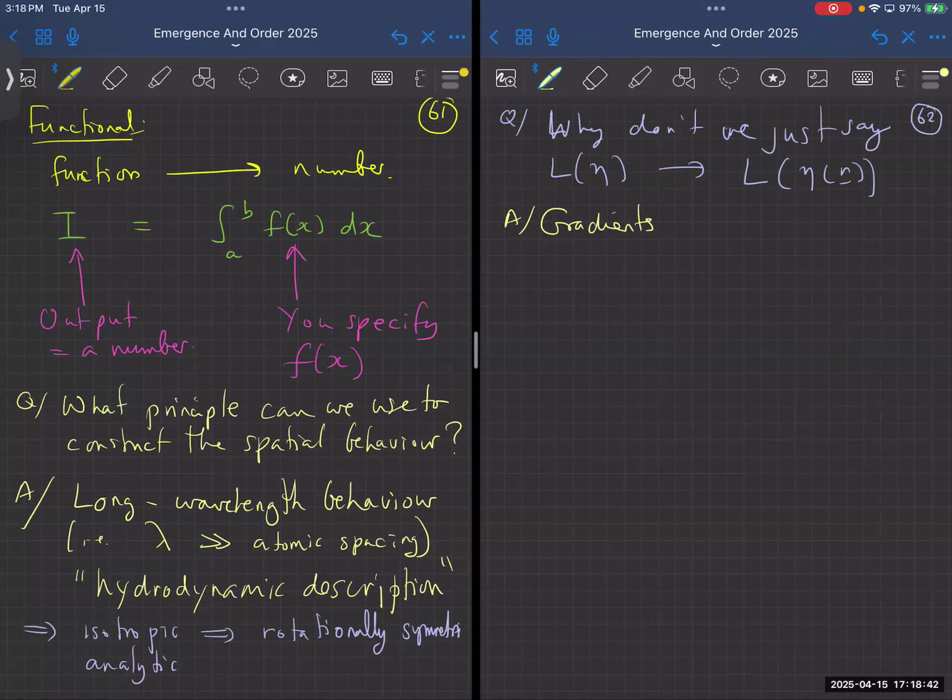Remember that in equilibrium, the system wants to be spatially uniform. So in order for it to be spatially uniform, you need to have a term that says if the system is not spatially uniform, that raises the energy. So gradients in eta need to raise the energy of the system.